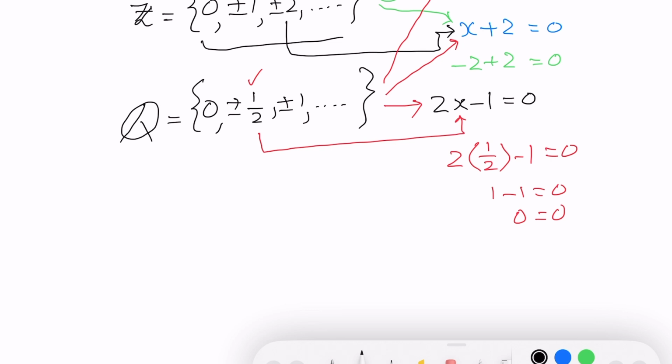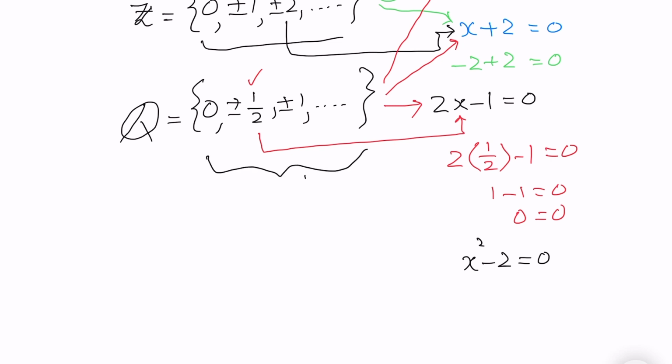But let's see this equation: x squared minus 2 is equal to 0. Well, again, we cannot find any number in this set which is going to answer this question.